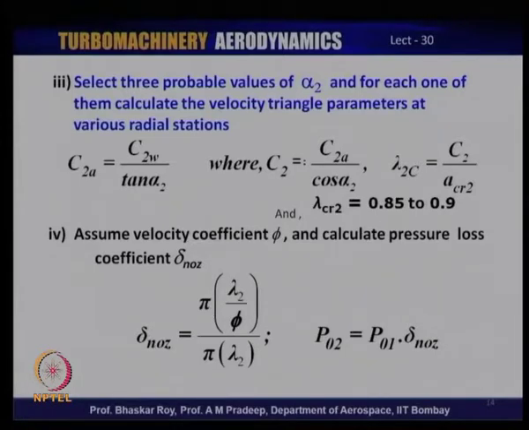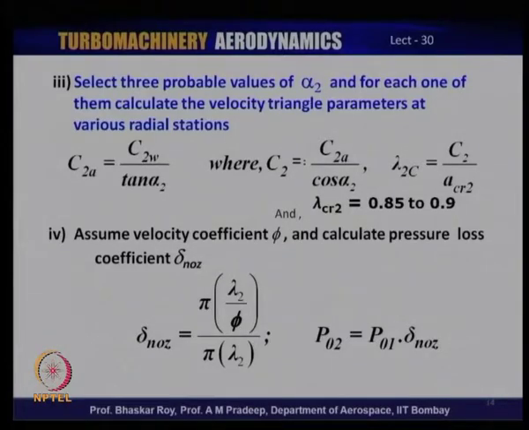So, first is the calculation of the absolute velocity, which you can get from alpha 2. Certain restrictions may be imposed on the value of C2 or on the value of lambda 2 absolute, which may have a restriction of the order of 0.85 to 0.9, which would give us a Mach number restriction of the order of 1 or thereabouts, which is the sonic speed at the stator nozzle exit.